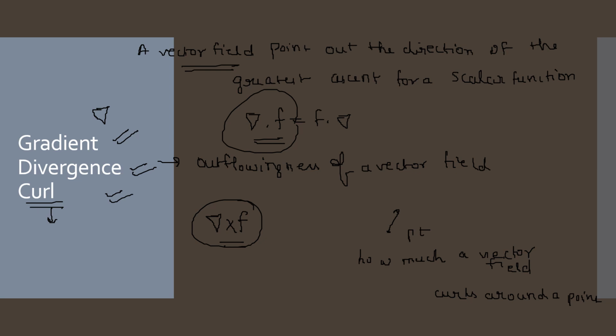Okay, now let's begin with what all applications we can use these things in as far as fluid mechanics is concerned. So here is the question. Looks complex, right? A fluid motion is given by V equals (y plus z) i vector, (z plus x) j vector, (x plus y) k vector.